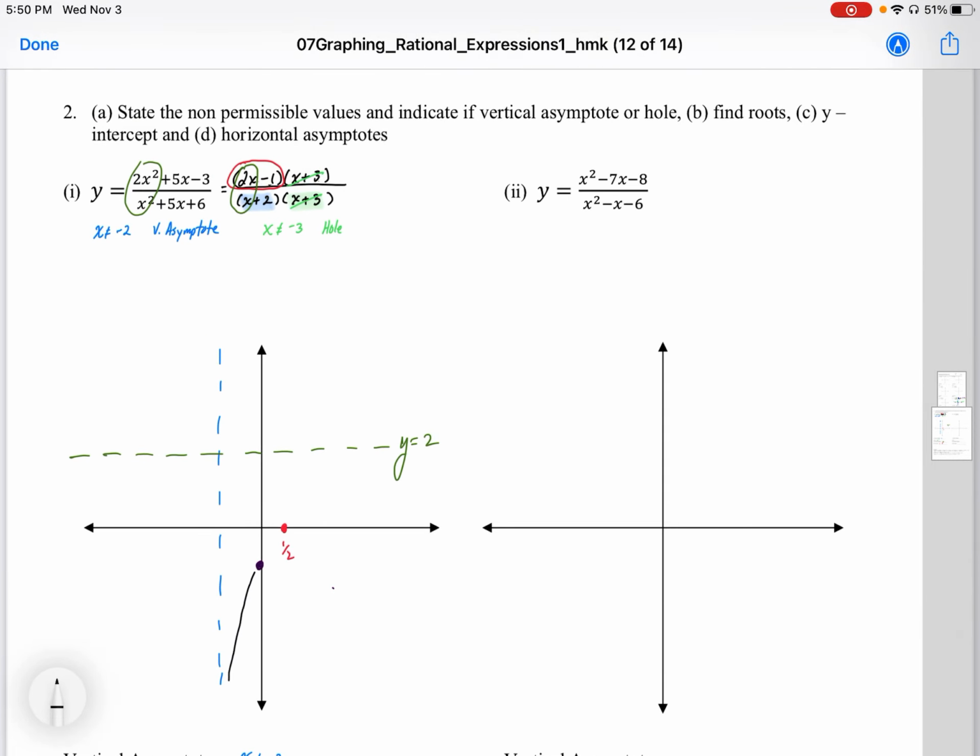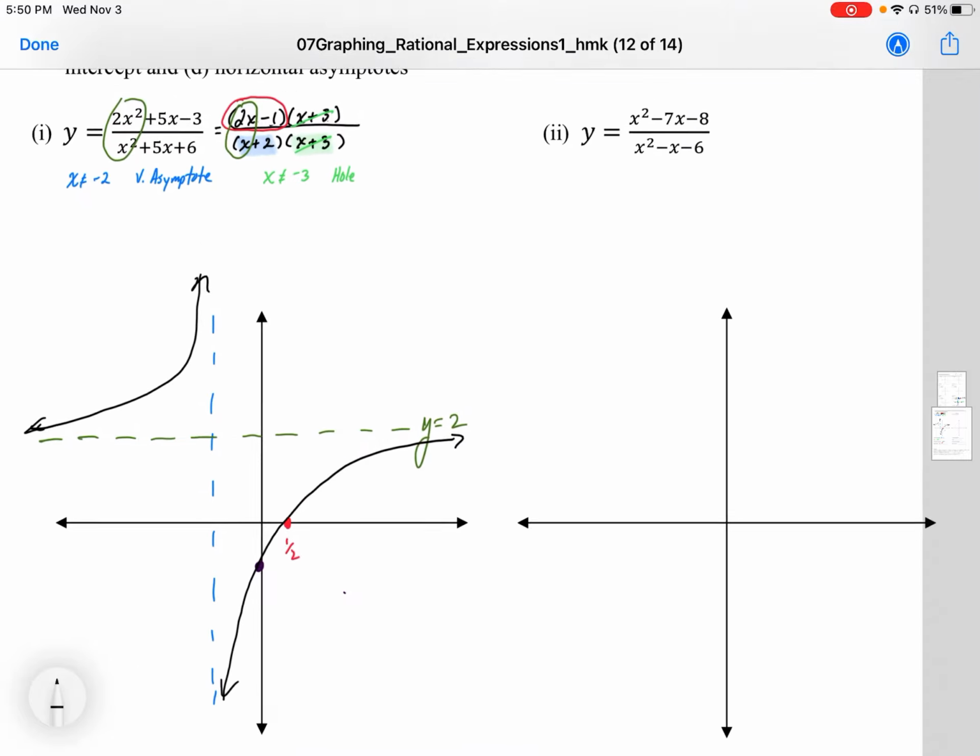I'm just going to follow the asymptotes, go through these points, and get a graph that looks like this. I don't have any coordinates in this quadrant, but I can just draw it like that. I don't know for sure that it looks like this, and this is why we want to graph, to see what other variations there are. But when you do graph this, it will look like this.